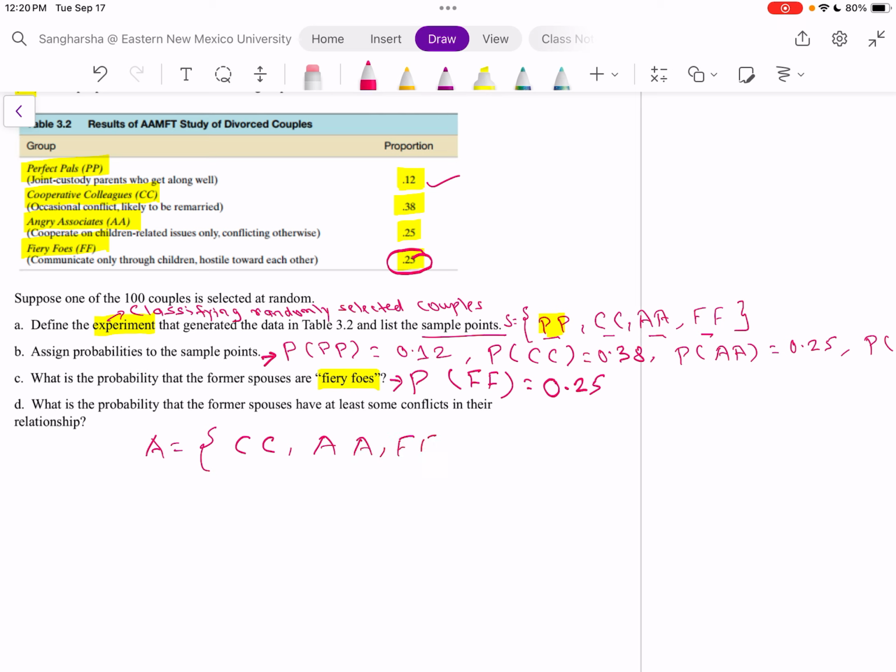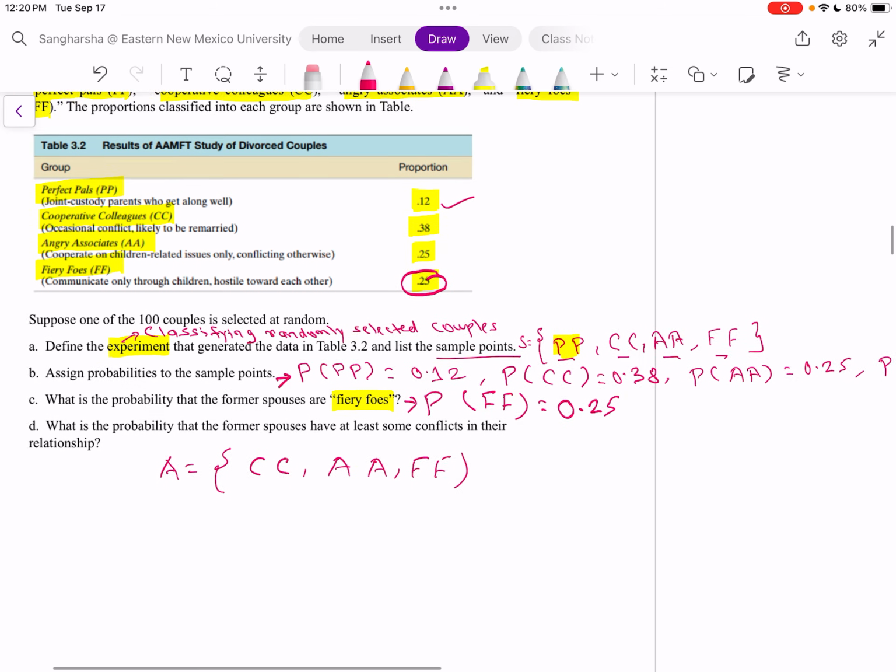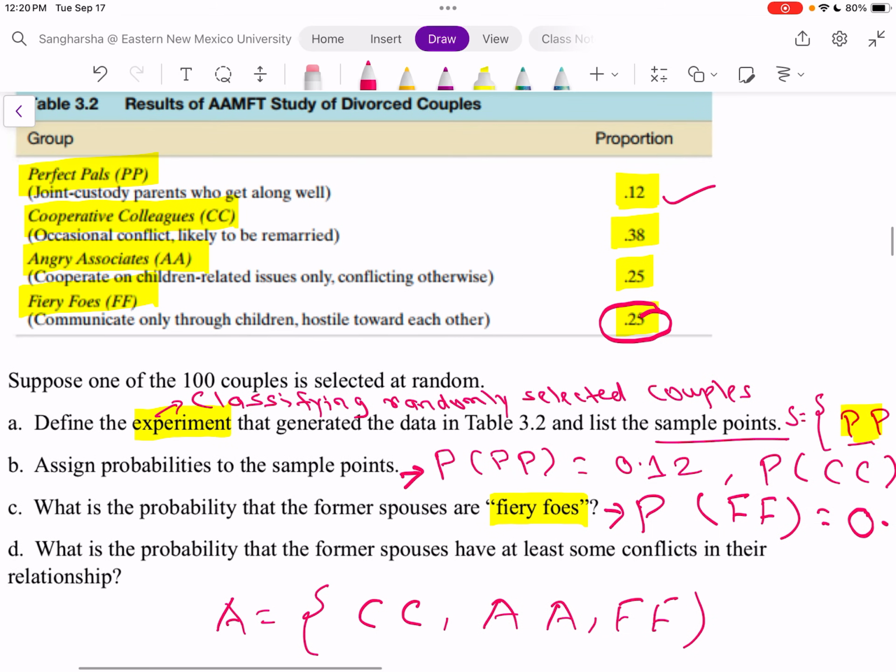CC, AA, FF. These 3 groups have at least some conflicts, and you can find this from their definition. Our CC, they have occasional conflict, so they do have some conflict. Angry associates, they do have conflict otherwise.